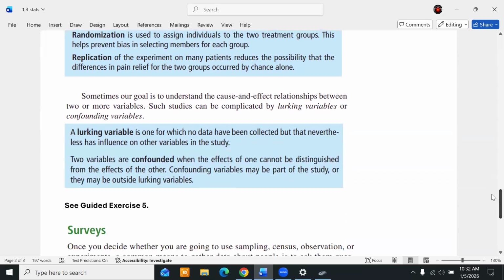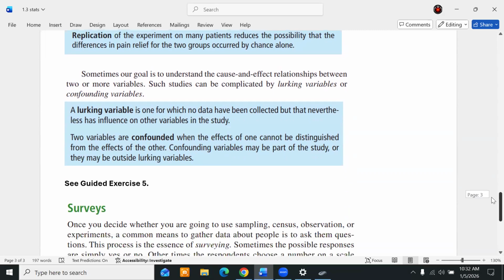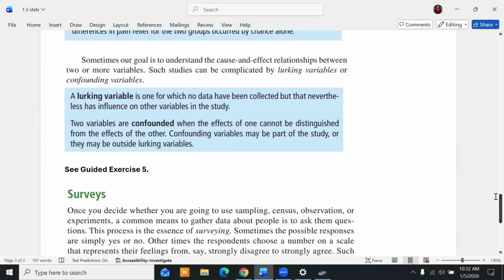Sometimes our goal is to understand the cause and effect relationships between two or more variables. Such studies can be complicated by lurking variables or confounding variables. Lurking variables, by the way, will be mentioned again later on in the text when we're doing various types of hypothesis tests.